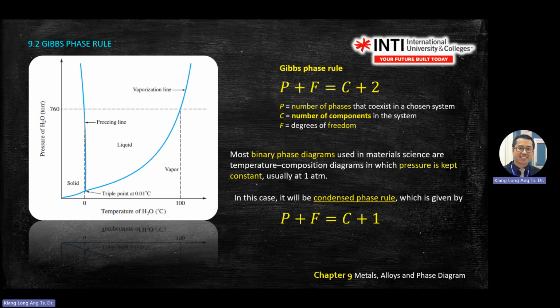Some of you might get confused when you do revision. When the phase diagram mentions pressure constant, you look at the phase diagram, something below there, it will say at pressure 10 psi. This is constant. So since it is constant, you cannot use +2, you need to use C +1.